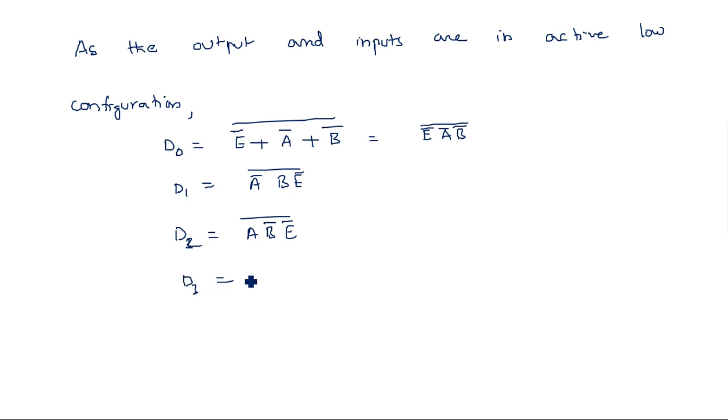And similarly D3 is equal to A B E bar, whole bar. Okay, see here 0 0, 0 1, 1 0, 1 1. A bar B bar means 0 0, A bar B means 0 1, A B bar 1 0, A B 1 1. Okay, this logic circuit can be implemented.